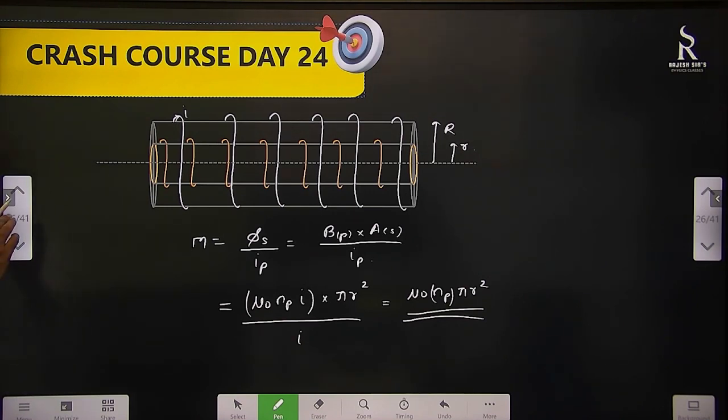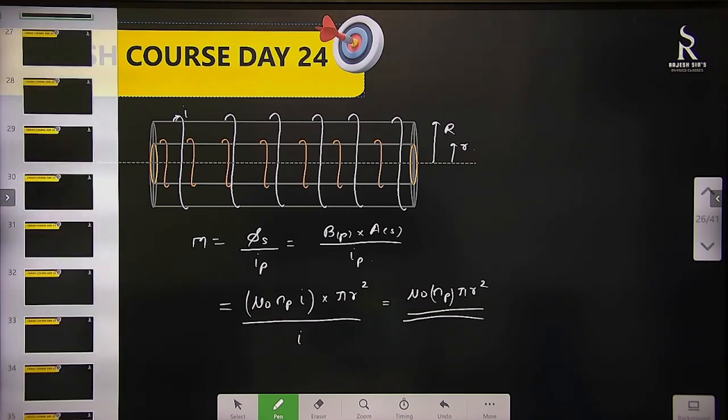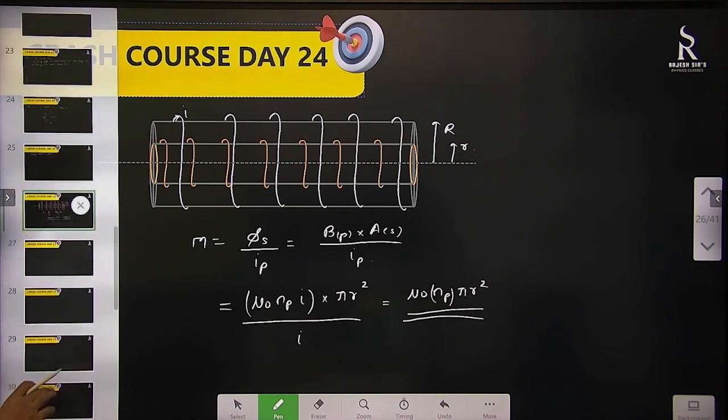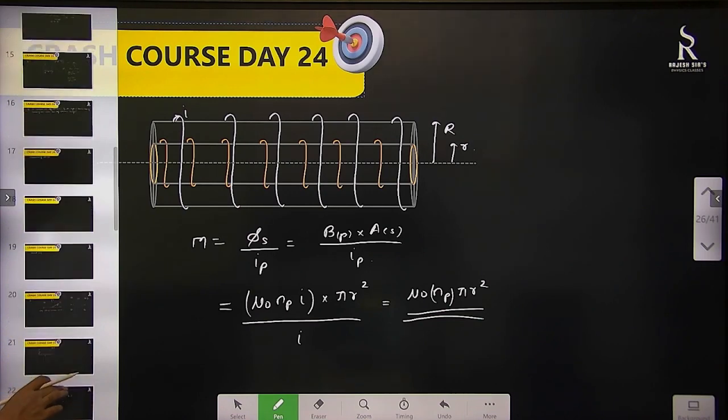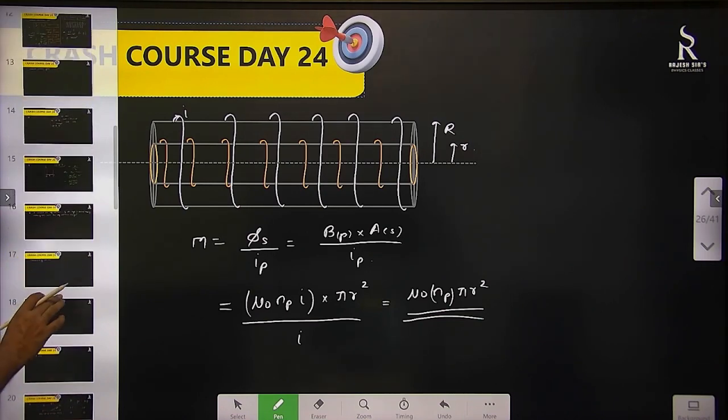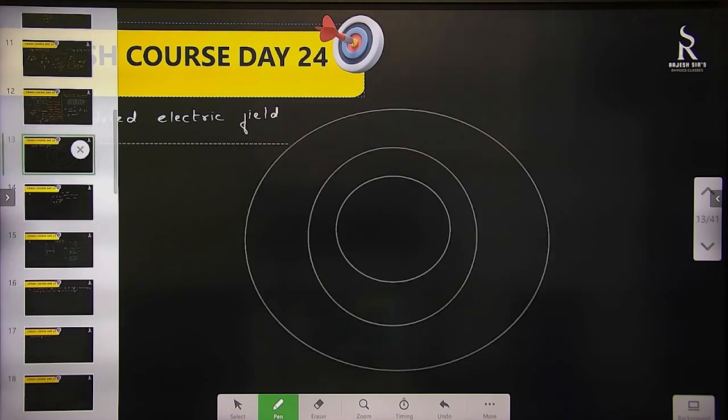Right, okay, let's move back. So where were we? We were talking about the induced electric field. What is an induced electric field?